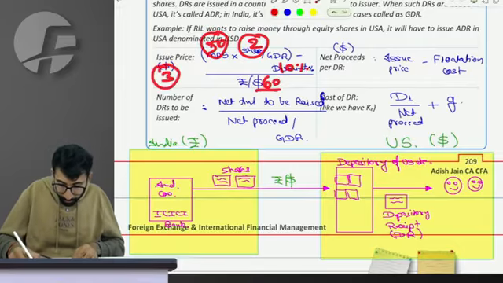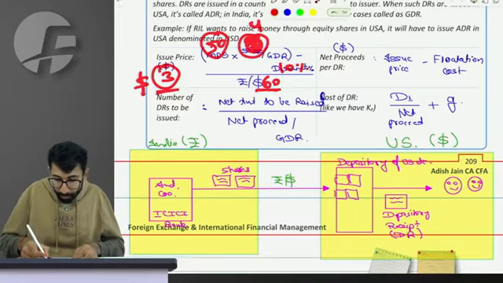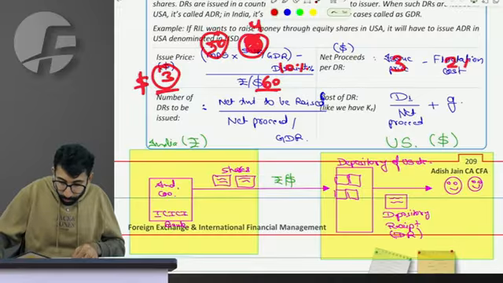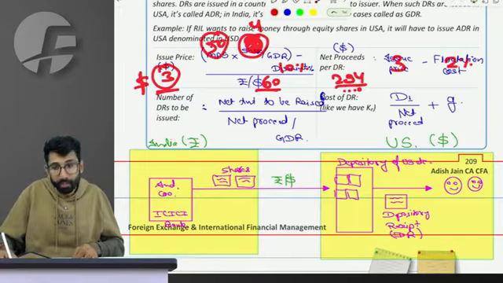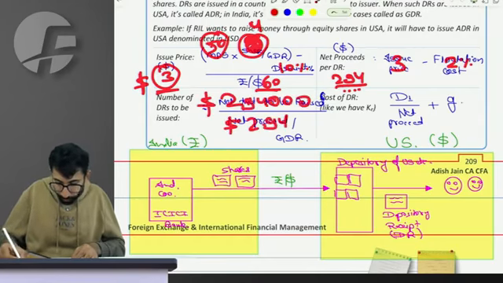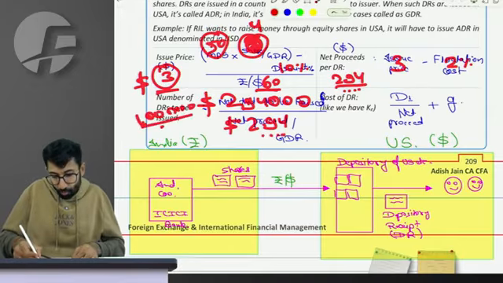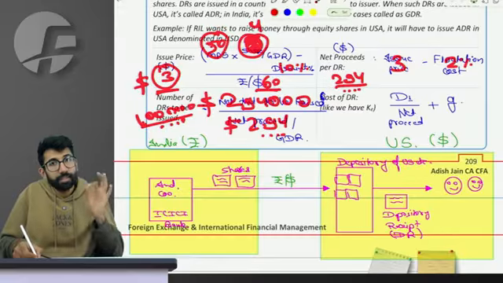So $3 is the issue price. From $3, if 2% flotation cost is deducted, 2.94 is the net proceed. So if I need $2,94,000 as my total amount and the per-GDR proceed is 2.94, how many GDRs do I need to issue? 1 lakh. That simple is the solution.